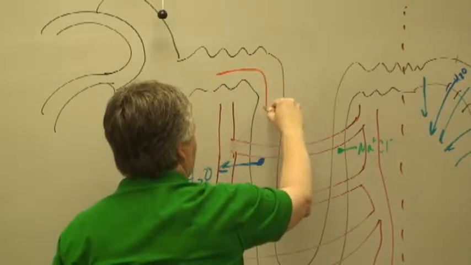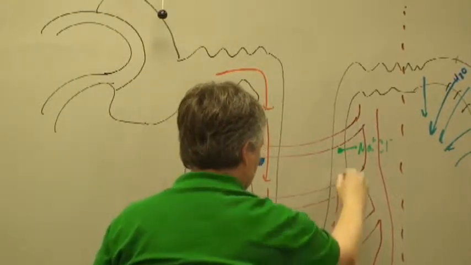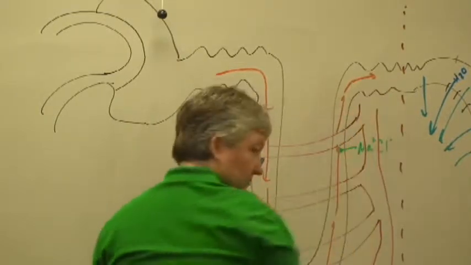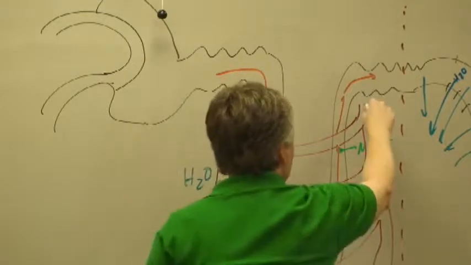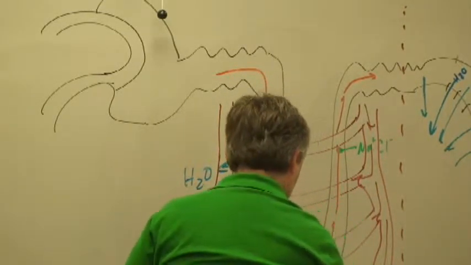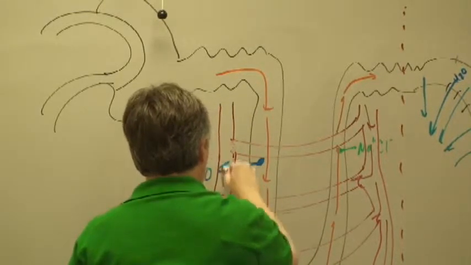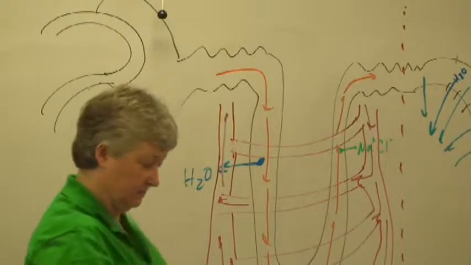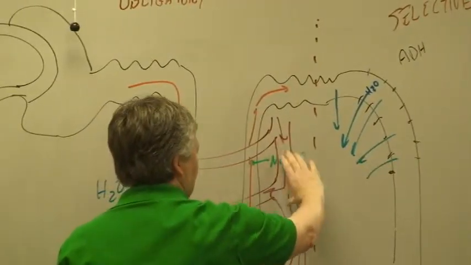The tubular fluid is going this direction, right? The blood is going the opposite direction. So, some of the sodium chloride is going to be sucked out over here.